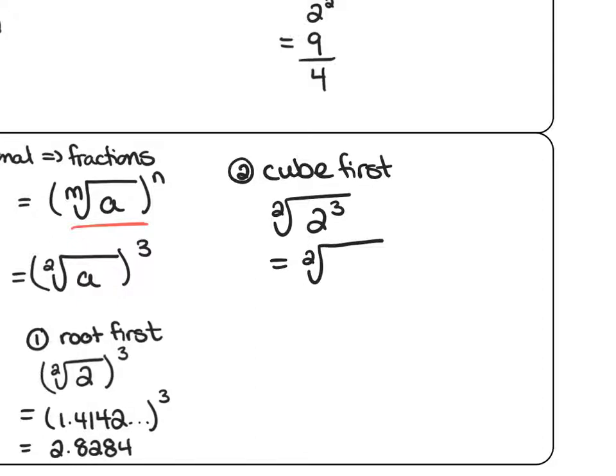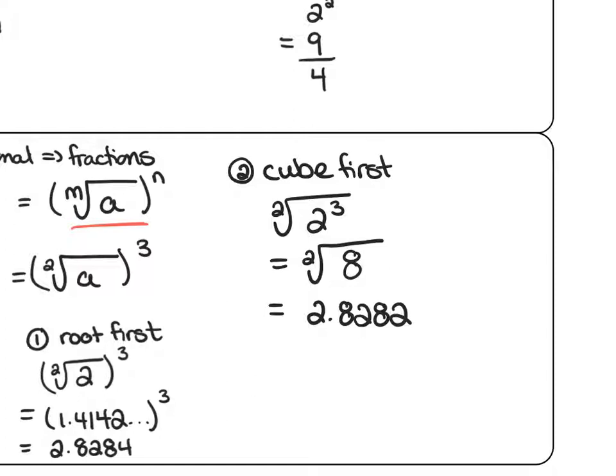So 2 times 2 times 2 is 8. And then we'll take the square root of that. So if we take the square root of 8, you'll find you get the same answer. So it really doesn't matter which way you do it.